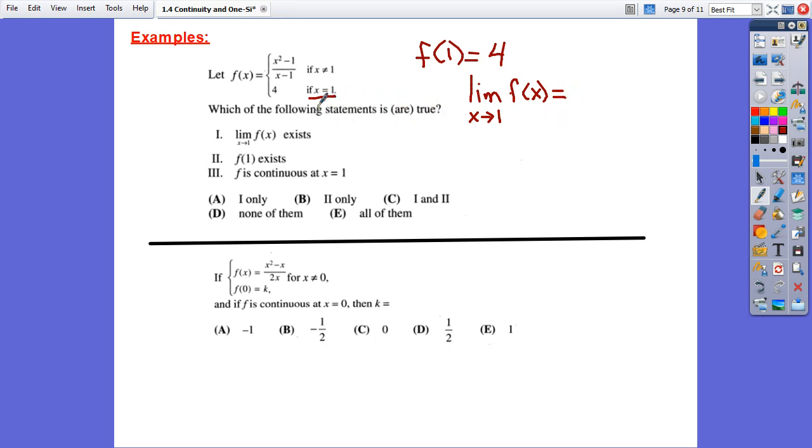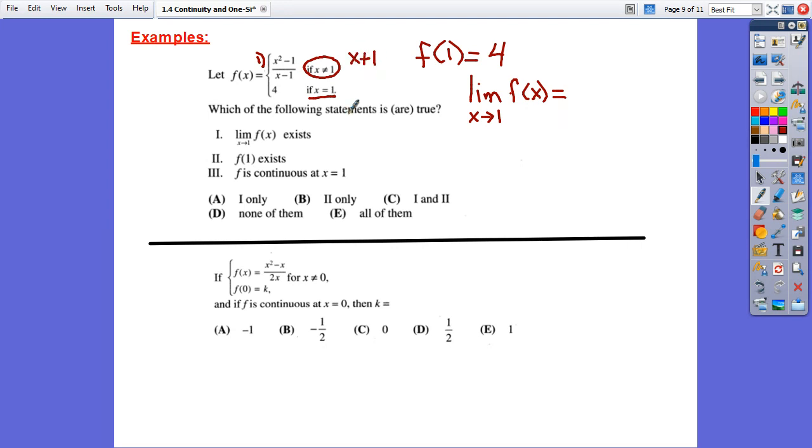This is a little different. As I come towards 1, I'm not at 1, right? So it's going to be something like 0.9999 from the left. Well, 0.9999 does not equal 1. So we're going to be using door 1 to evaluate our limit. Now, we can't plug in 1. We have to simplify this, so we have to factor.